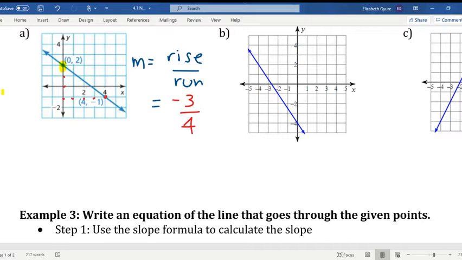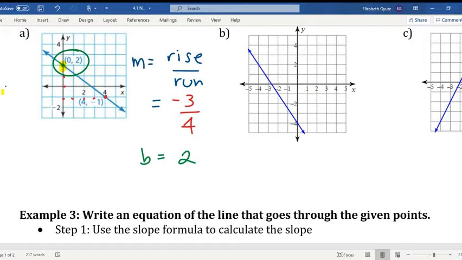Okay, no. All right, so there's my m. There's my slope. What's my y-intercept? Do you guys see it? Yeah, if you take a look right here, doesn't it go through your y-axis at the number 2, 0, 2? So that means b is going to equal the number 2.